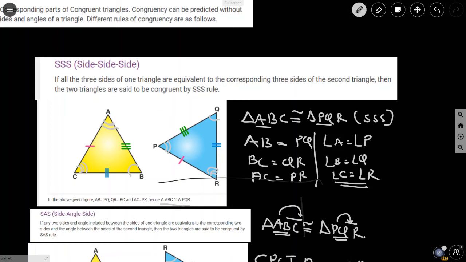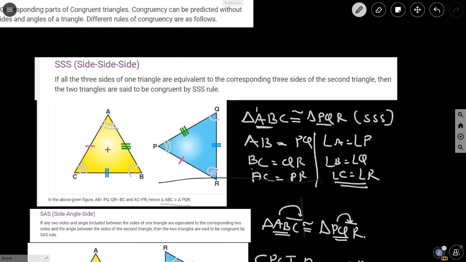As I told you just before, AB equals PQ, BC equals QR, and AC equals PR. Then CPCT: this is SSS, where we know only the sides. So how can we identify the corresponding remaining angles?